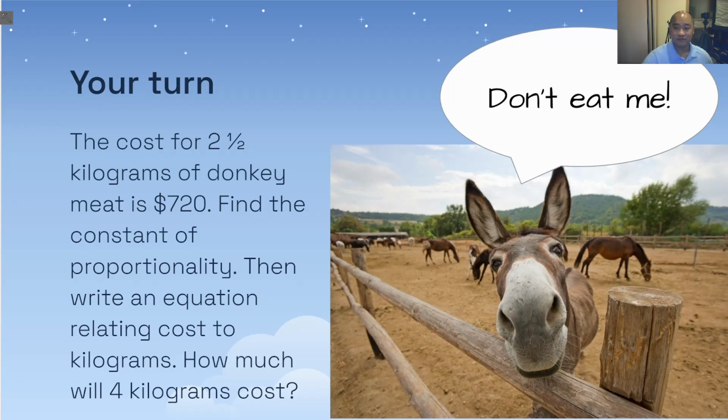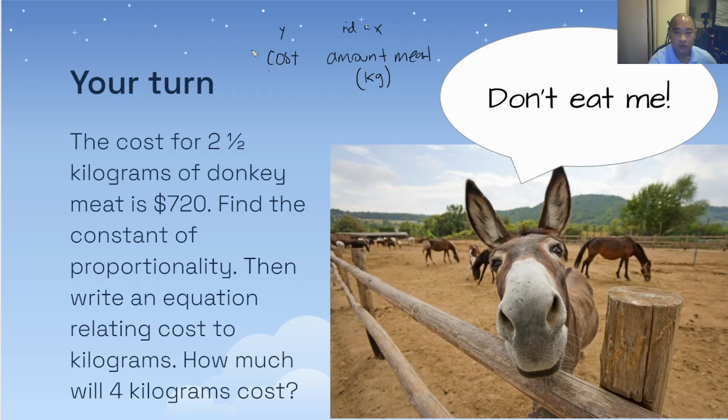Welcome back. Okay, so here we have cost, and then we have the amount of meat, which is in kilograms, right? So the cost is going to depend on the amount of kilograms. So this is the independent, which is the X, and this is the Y, right?